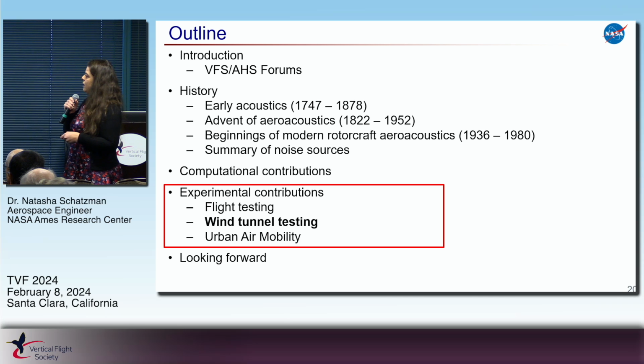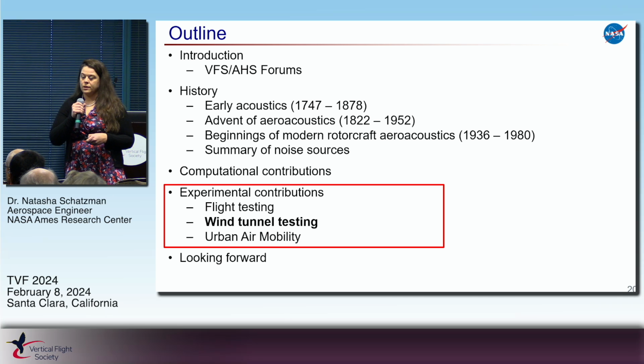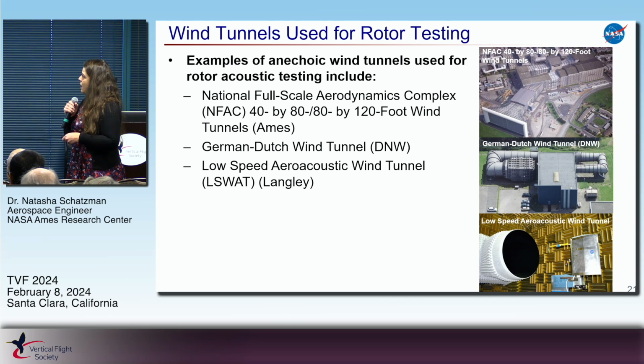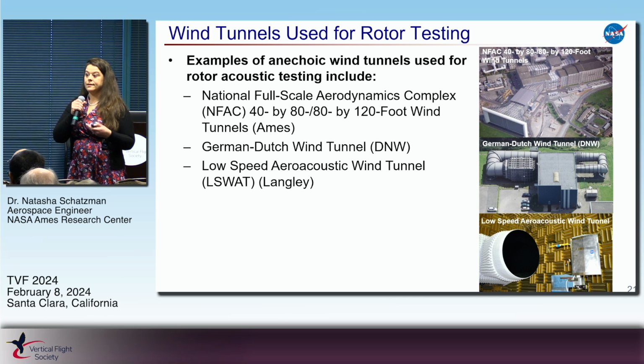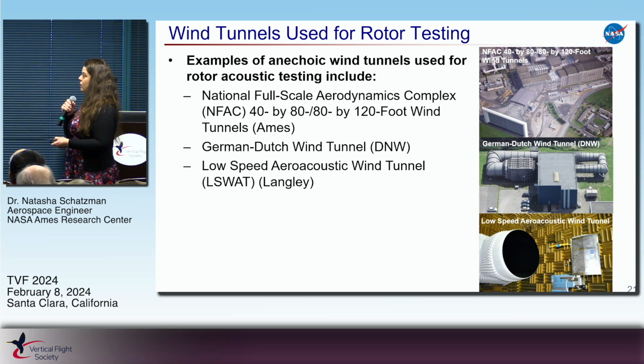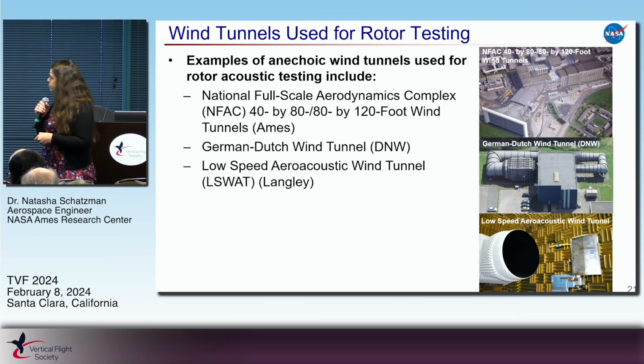Okay, so now moving on to experimental contributions. To begin, I'd like to highlight some of the wind tunnels. Like I said, this is maybe not going to be all of them, but these are the ones that are quite notable within this talk. This does not include hover chambers, just wind tunnels.